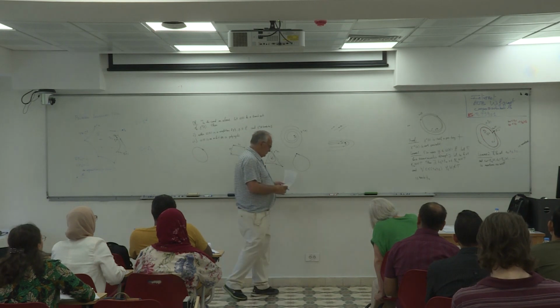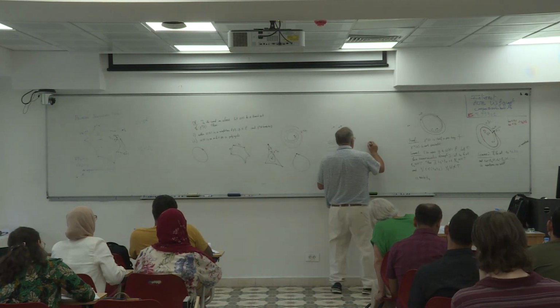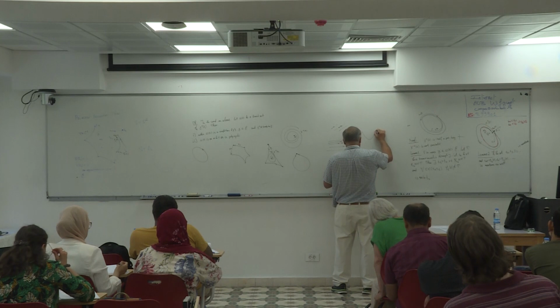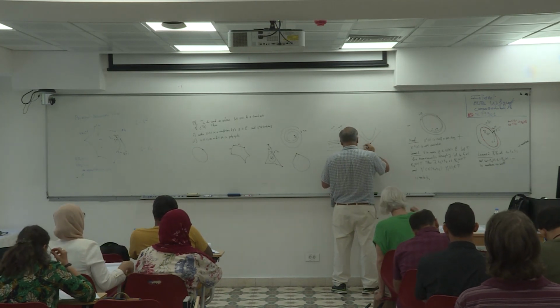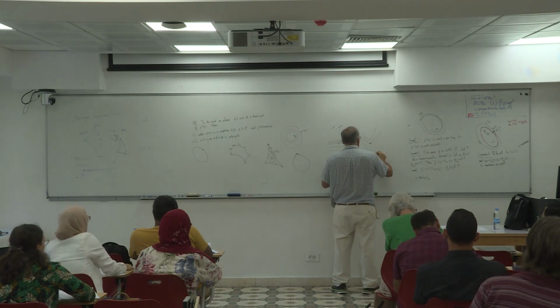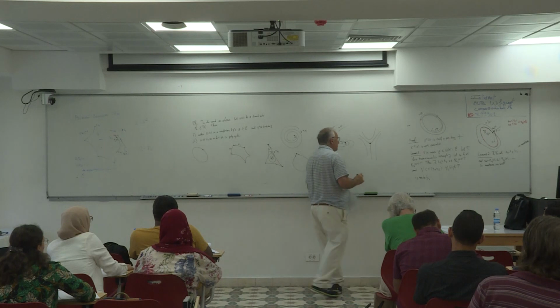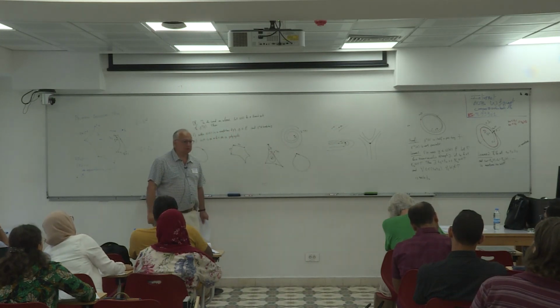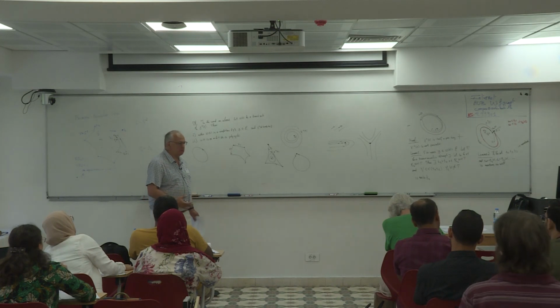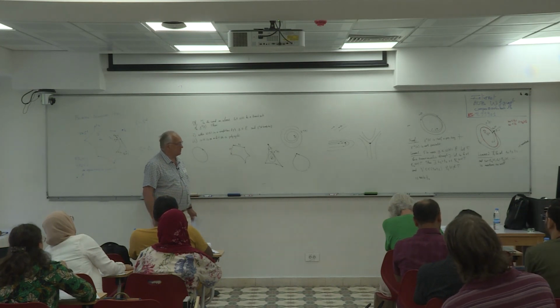Okay? And one more example. This is again a line field with a singularity which you cannot orient. You cannot find a vector field which is tangent to these lines.